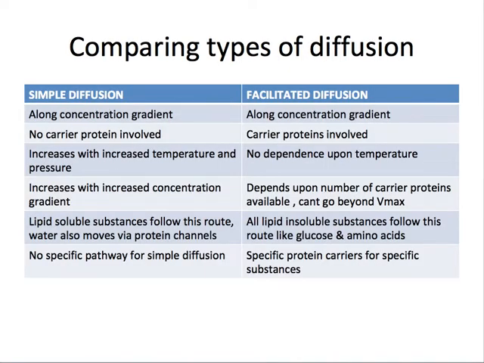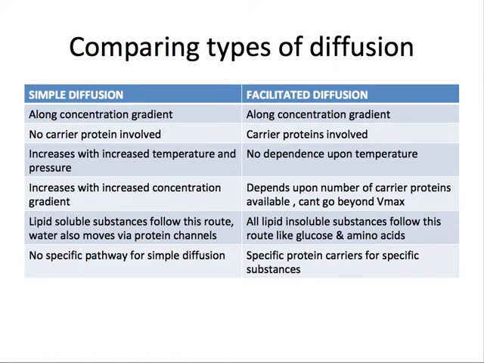Well, now here comes your university question, and that's very important. How can we compare these two types of diffusion, the facilitated and the simple diffusion, how they are similar and how they are different? You see, both types of diffusion take place along the concentration gradient, meaning from the higher concentration to the lower concentration.